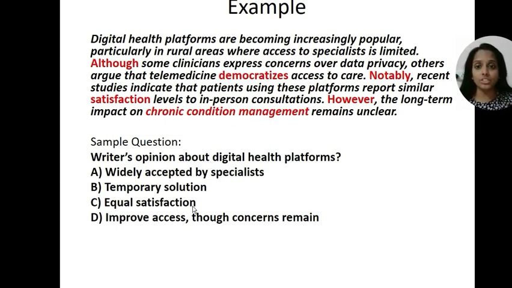Equal satisfaction sounds right, but doesn't show the overall opinion, because they're asking about the writer's opinion about the digital health platform. And the last one, improves access though concerns remain. So this is the balanced view plus it acknowledges the concern. This is the correct answer. Option D is the right one.